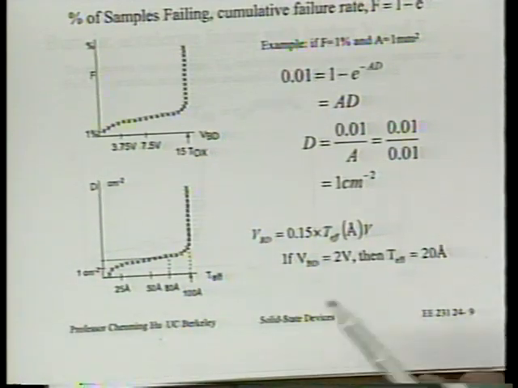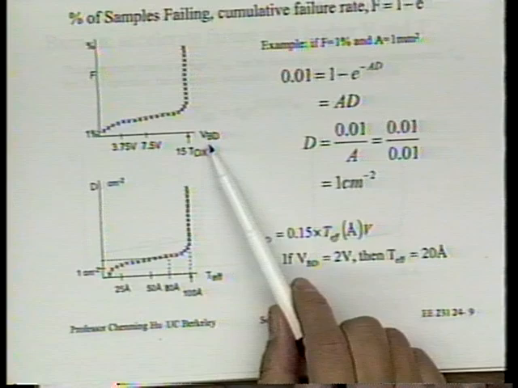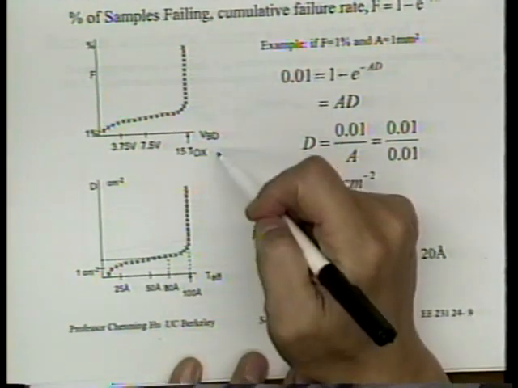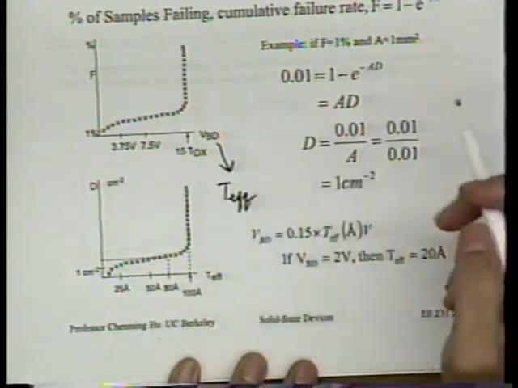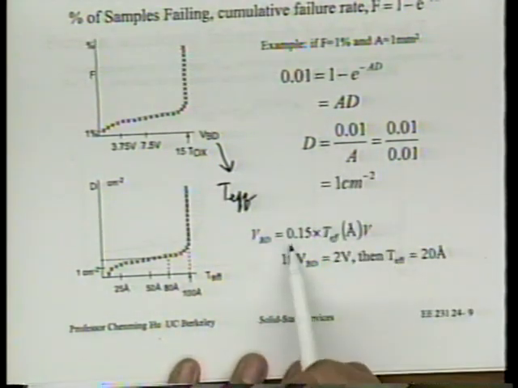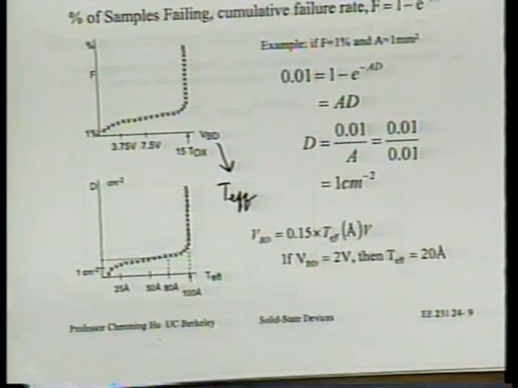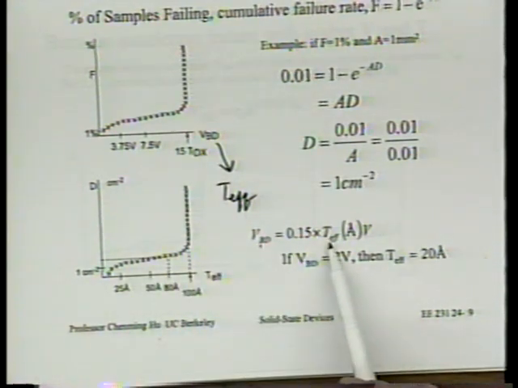Now, I want you to agree with me that the horizontal axis can be easily translated from VBD to T effective. The relationship is that VBD is equal to 0.15 times T effective. Remember that? So for every given VBD value on the horizontal axis, there's a corresponding T effective.